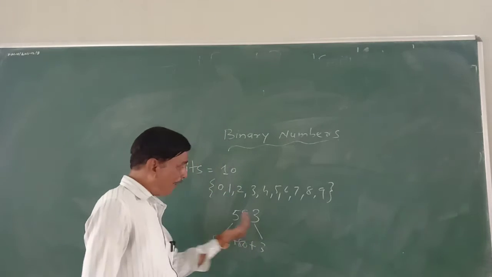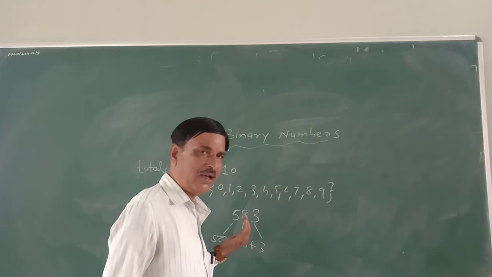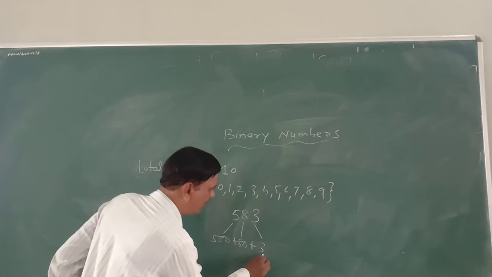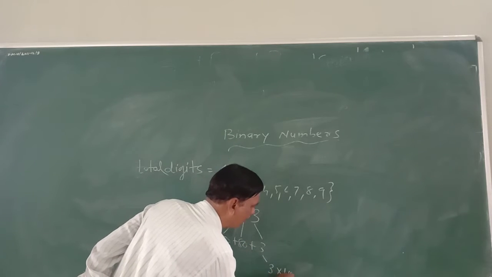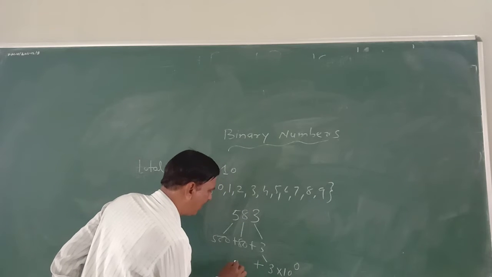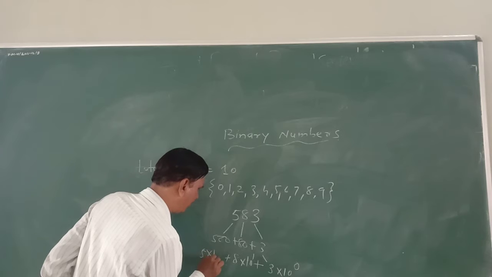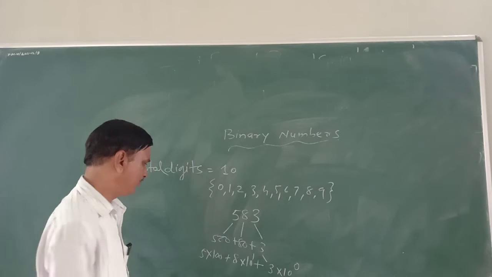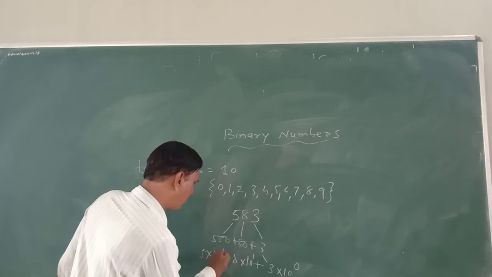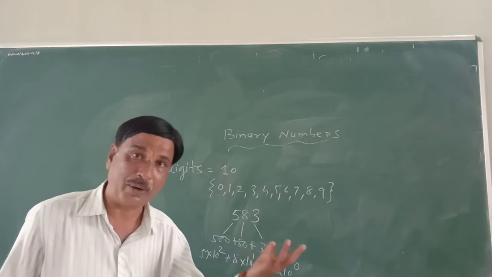So as the place increases, the power of ten increases. See, 3 stands for 3 into 10 to the power 0, 8 stands for 8 into 10 to the power 1, and 5 stands for 5 into 10 to the power 2.